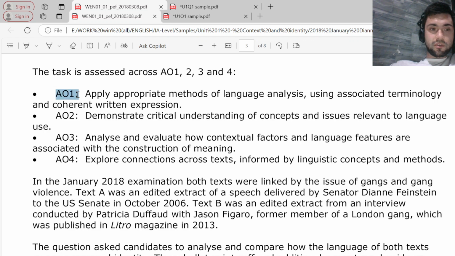To rush through them quickly, the first one is apply appropriate methods of language analysis using associated terminology and coherent written expression. The second one, demonstrate critical understanding of concepts and issues relevant to language use. The third one, analyze and evaluate how contextual factors and language features are associated with the construction of meaning. And last but not least, explore connections across texts informed by linguistic concepts and methods.